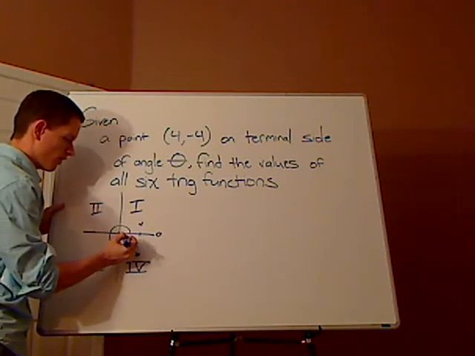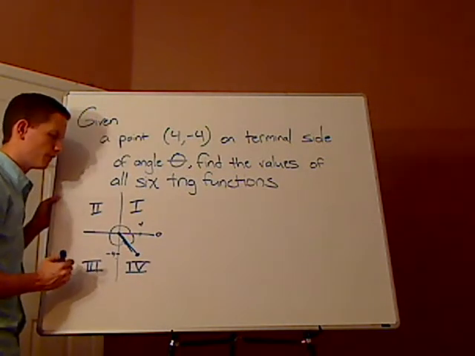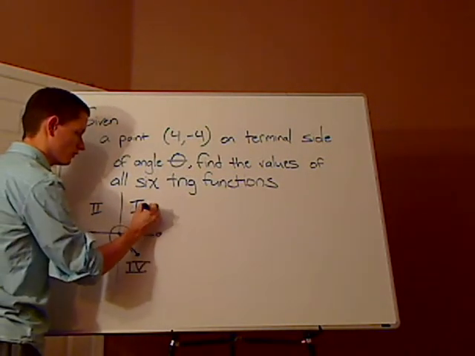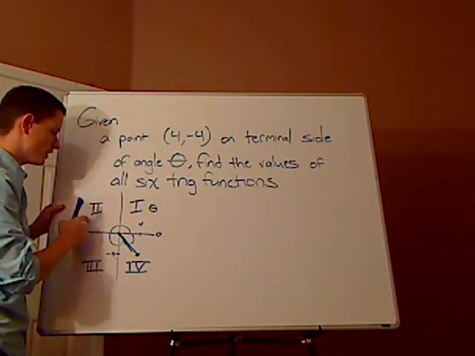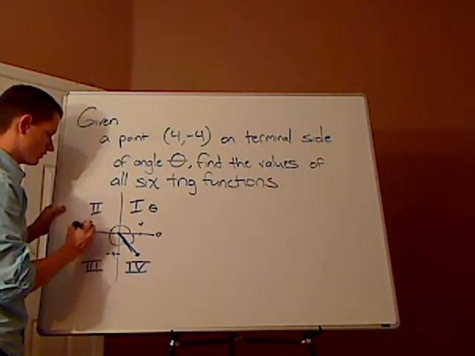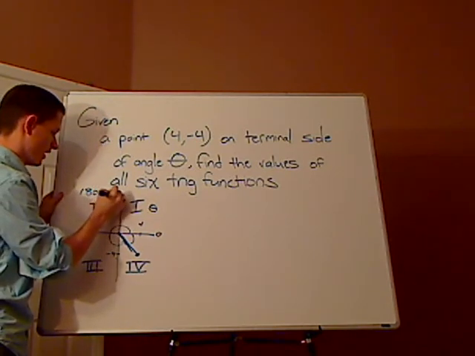So the reference angle is actually going to be between here and here. Now, how do I know that? In quadrant 1, your reference angle is just the angle. Once you get to quadrant 2, it's 180 minus the angle.